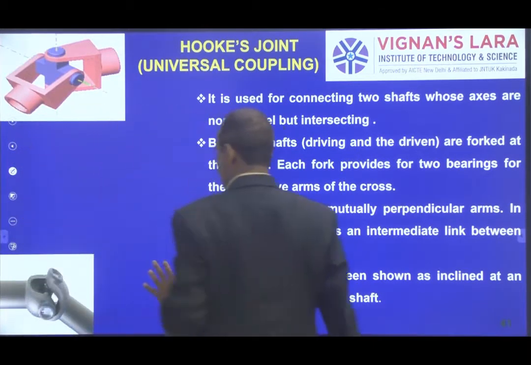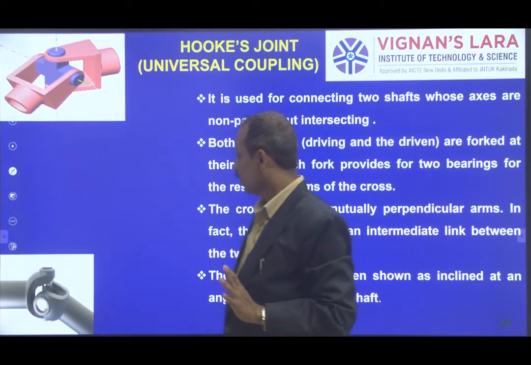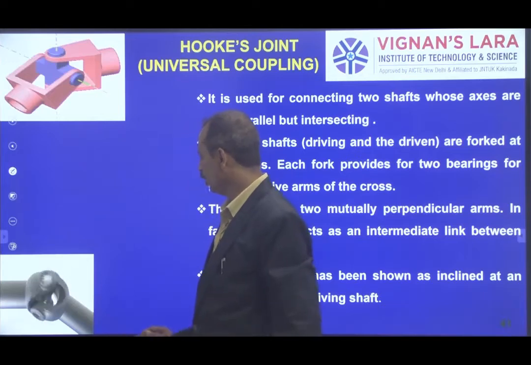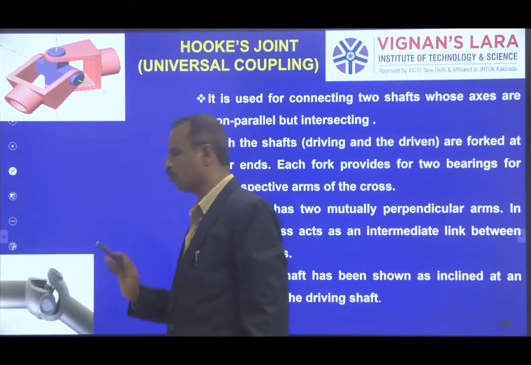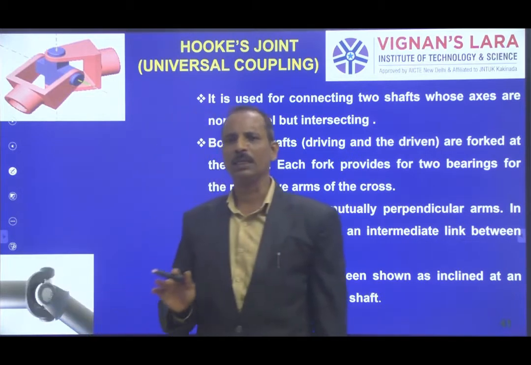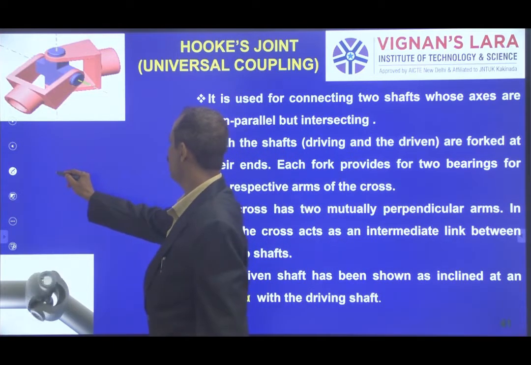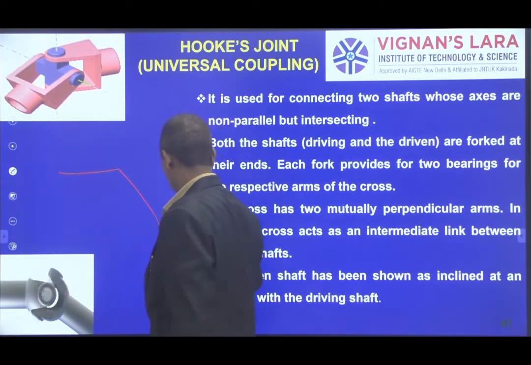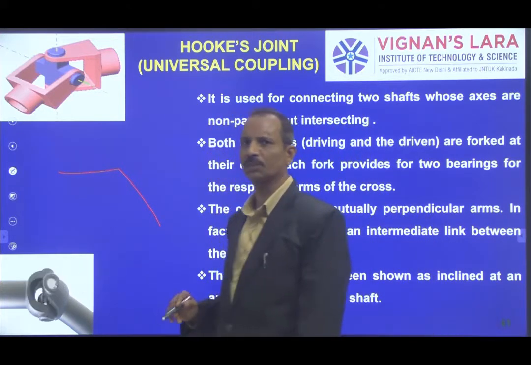You can see there is an animation shown here. This is the input shaft and this is the output shaft. These two are not on the same axis. There is an axial inclination between the input and output.